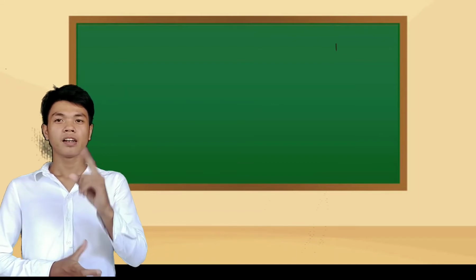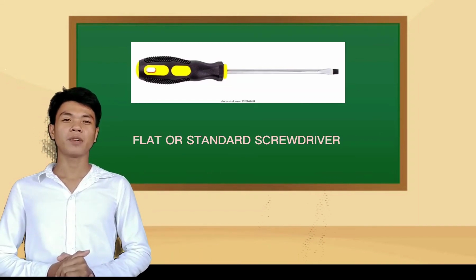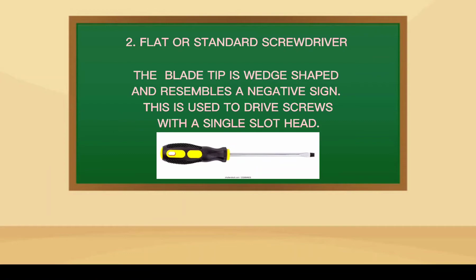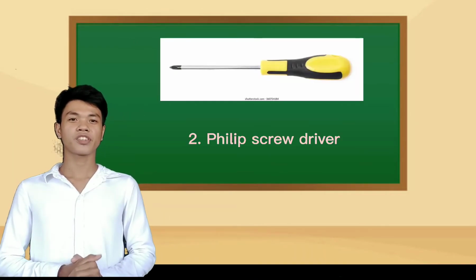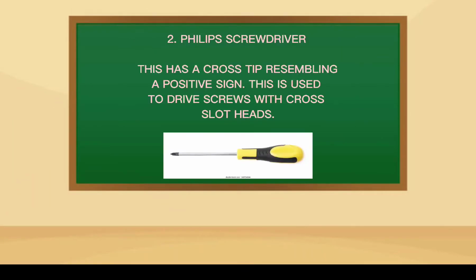Number 1. Flat or standard screwdriver. The blade tip is wedge-shaped and resembles a negative sign. This is used to drive screws with a single slot head. Number 2. Phillips screwdriver. This has a cross tip resembling a positive sign.